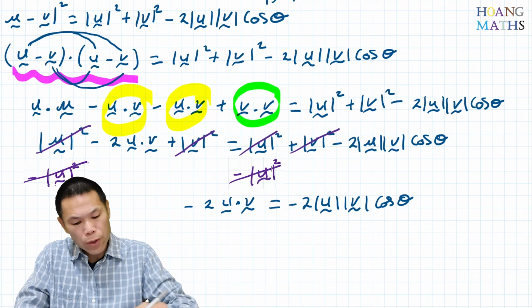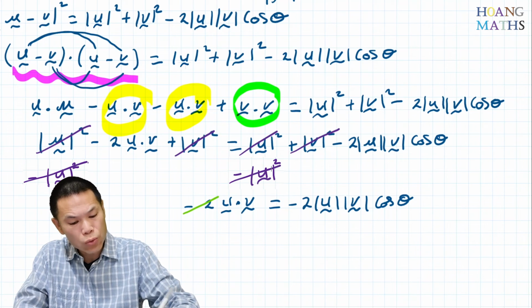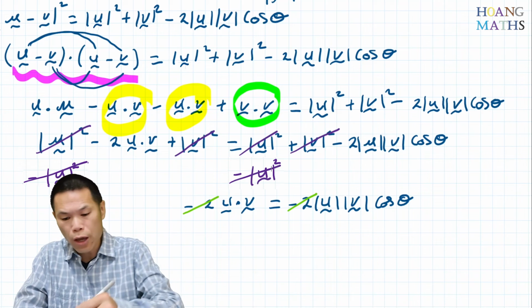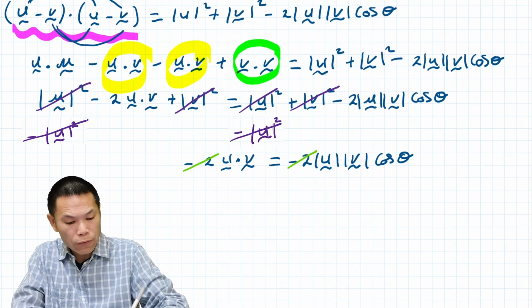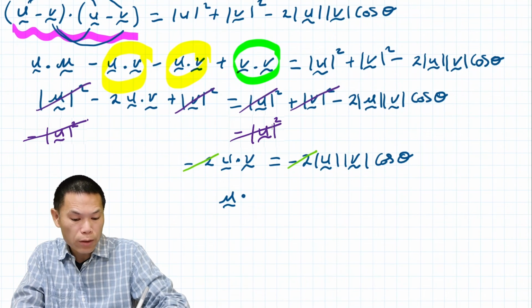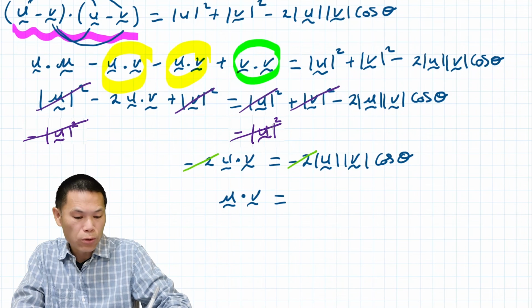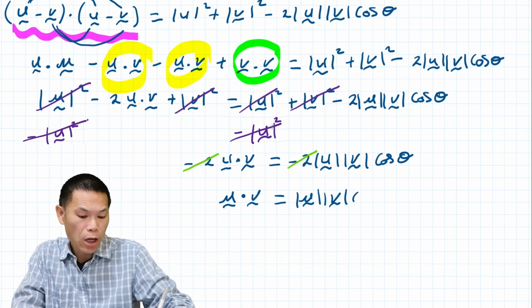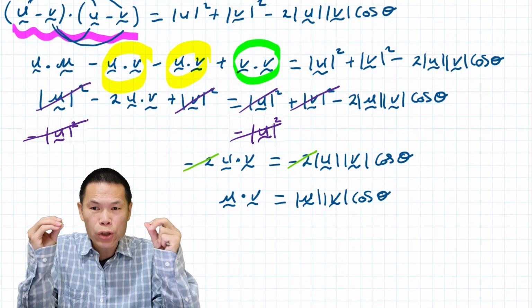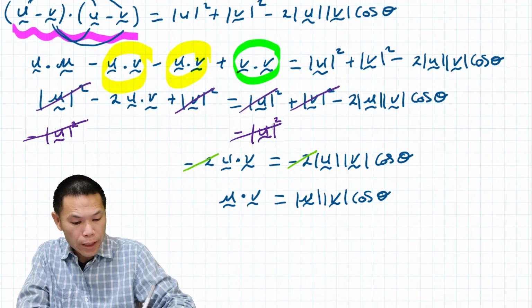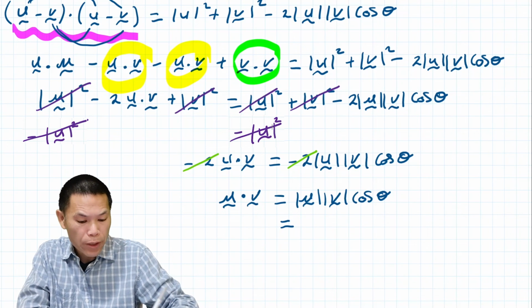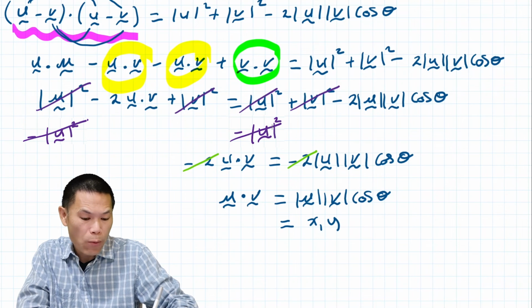So therefore, we can divide both by -2, and this cancels out. So therefore, vector U dot vector V is equal to the magnitude of U, magnitude of V, and cos of the angle in between. So there you go. And we also know that U dot V, in component form, is x1 x2 plus y1 y2.